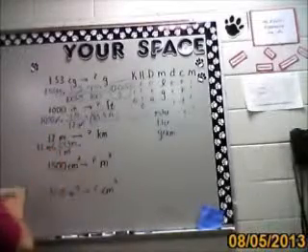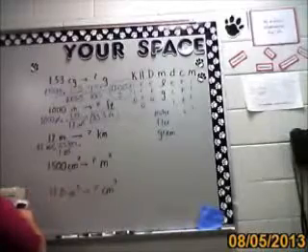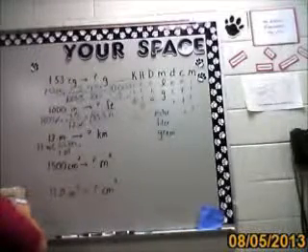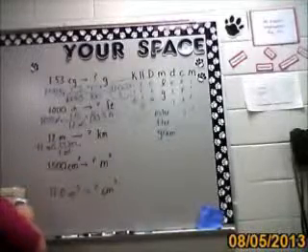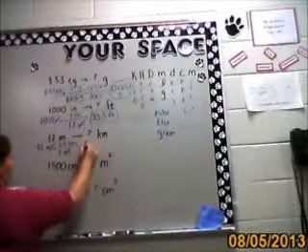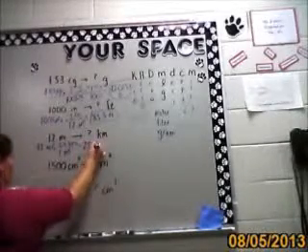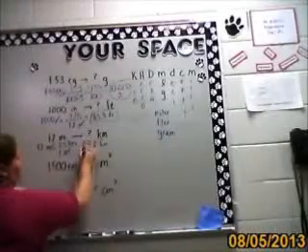Cancel my identical units. Now I do 12 times 2.4. And I find that there are 28.8 kilometers in 12 miles.